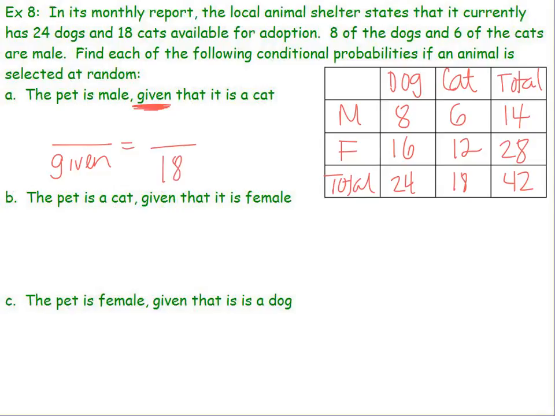So the numerator is the given, which is cats, and what we're trying to find, and we're trying to find male. So the number of cats that are male is 6. And so that reduces, 6 out of 18 reduces to 1 out of 3.